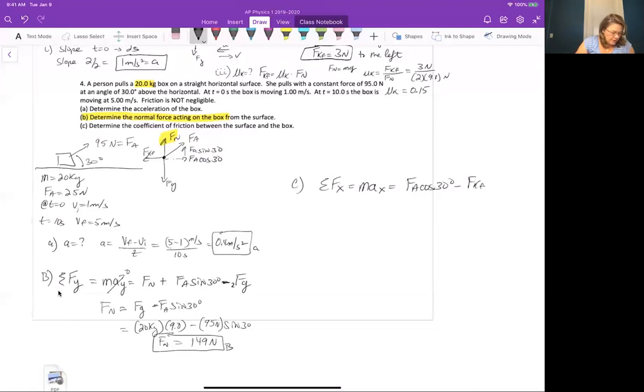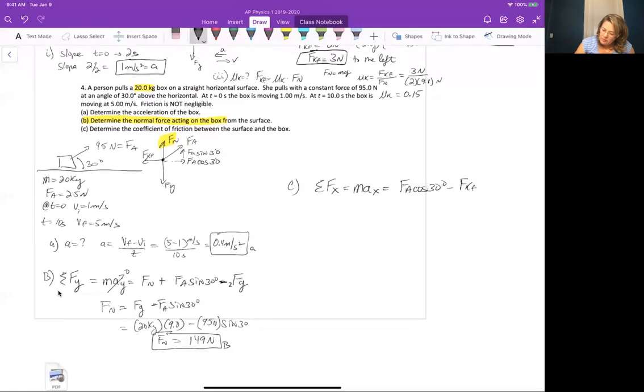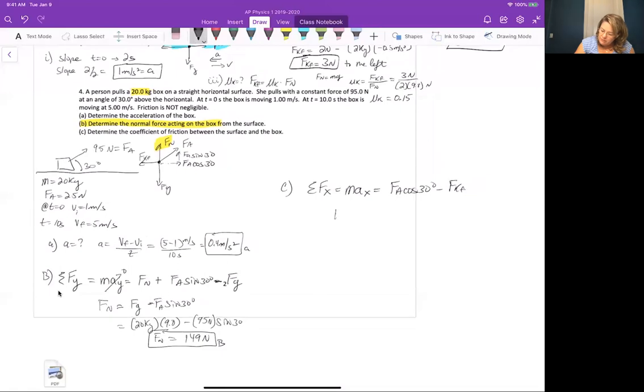Did we find force of kinetic friction yet? Not yet. This I know though. We'll be able to find it, don't worry. We know the acceleration. So solve for force of kinetic friction first. And that is equal to force applied cosine 30 degrees minus the mass times acceleration in the x direction.